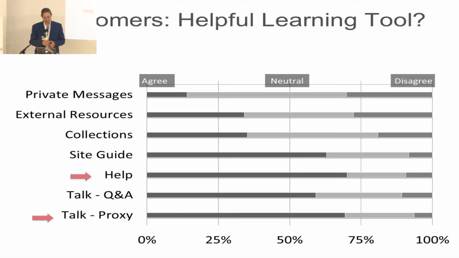We did a survey with about 100 newcomers, asking them what they found useful for learning. And it's quite striking that things like the site guide and the help, most people thought were helpful. But nearly as helpful is Talk, and not Talk as a place to ask questions and get answers, but Talk as a place to see the practice being explained.